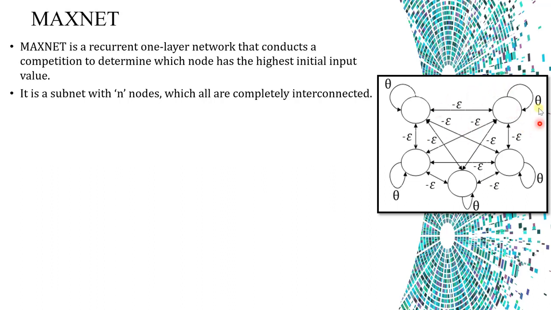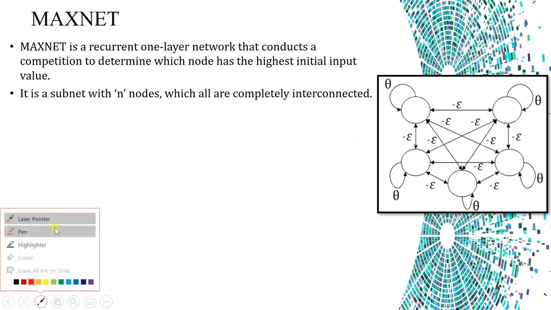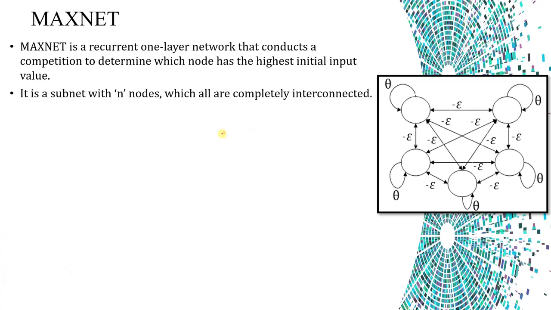So basically it is a recurrent network because it is only one layer, and whatever is the output is fed back to the input. If I draw it the other way around, say this is one node and this is the other node.